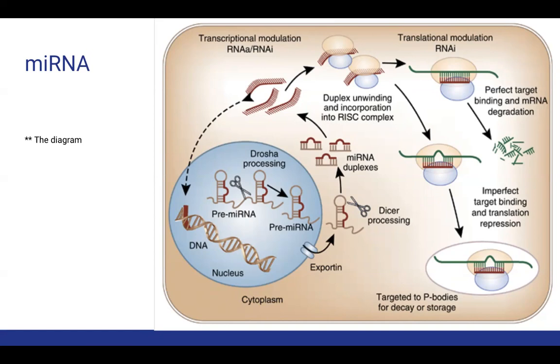And keep in mind, this is a single strand RNA, and then the other strand gets degraded. And then the RISC complex, which is now attached to the guide strand, can target mRNAs and cause degradation or translational repression. And so RISC uses base pairing complementarity to target certain mRNAs.